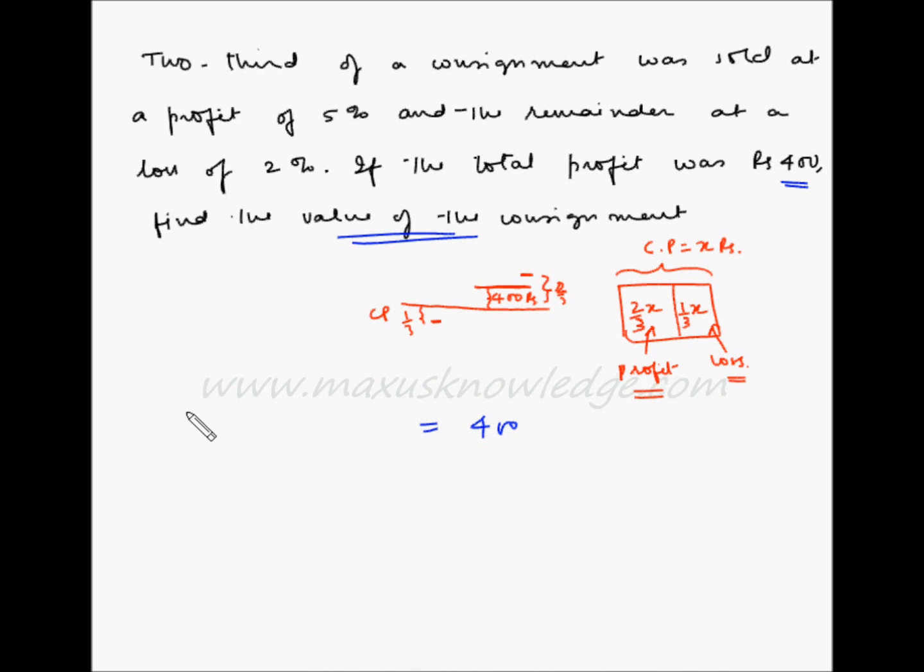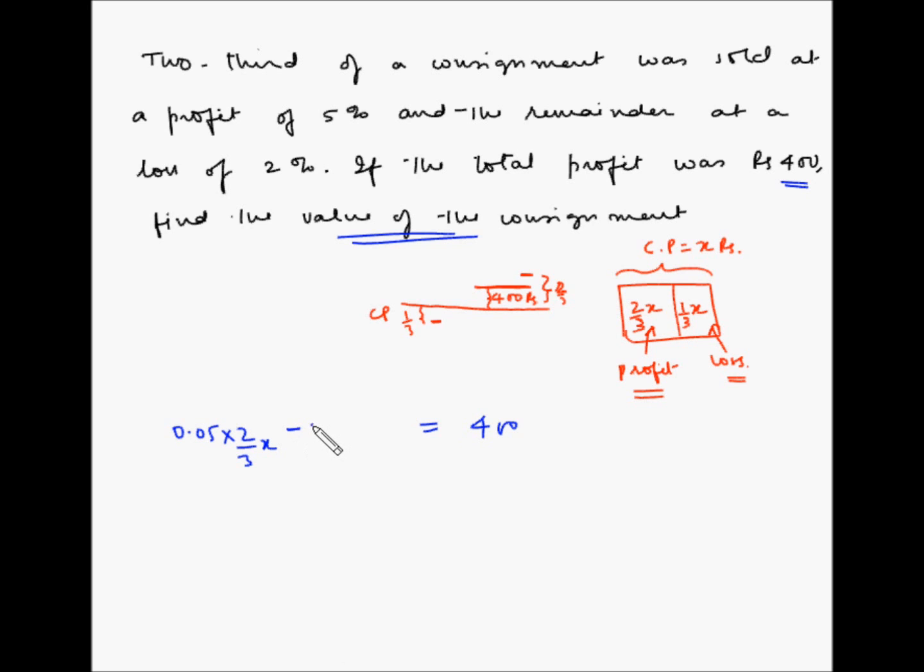So the profit is 5% of the 2/3 of the consignment. So 5% means 0.05, and this is only for 2/3 of the consignment. So this is the profit, but we have also made a loss for the remainder. So we subtract the loss.